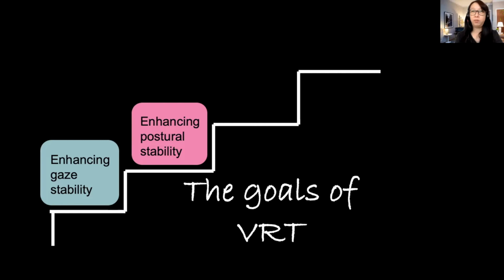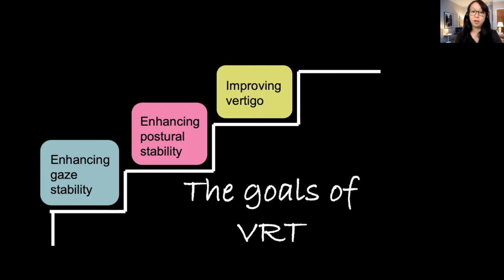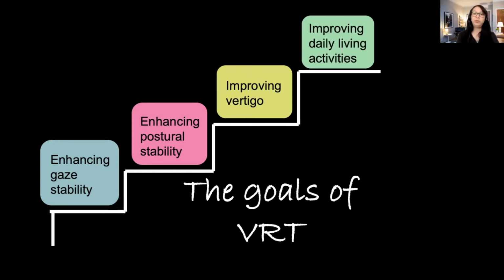Keep them from falling, keep them stable body-wise. Of course, we want to improve their vertigo complaints, they're feeling the dizziness or the swaying, they want to feel better. And lastly, we want to improve daily living activities so that they can go back to doing what they could do before the illness. So these are the 4 main goals of VRT.